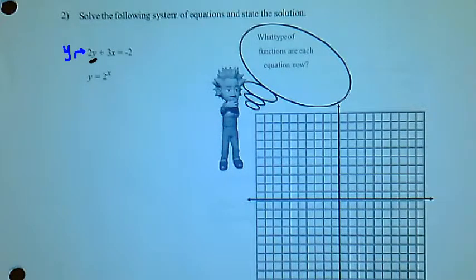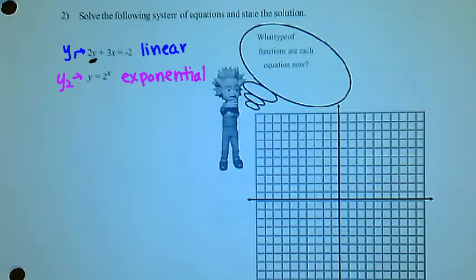Okay. This is a linear equation or function. And the second one, I will call this y2. This is exponential. Remember, whenever you have an x in the exponent, this is exponential.